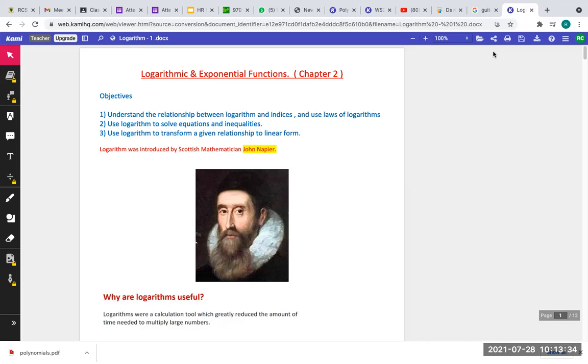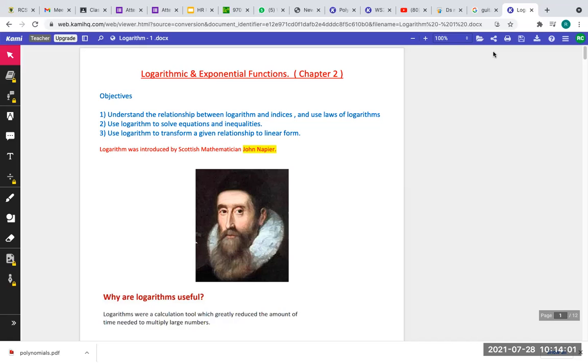So basically, the objectives for this topic are to understand the relationship between logarithm and indices and use laws of logarithms. The second one is to use logarithm to solve equations and inequalities. That's the most important one. And last but not the least, we have to use logarithm to transform a given relationship to linear form.